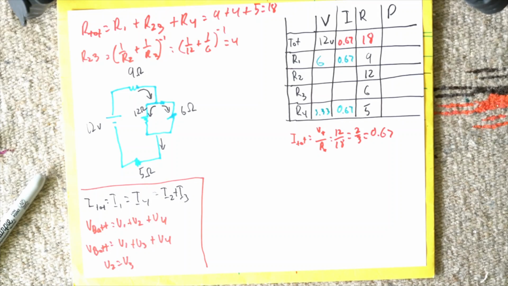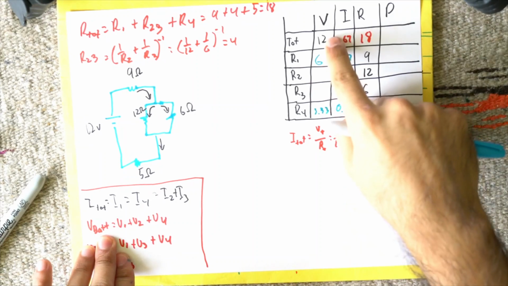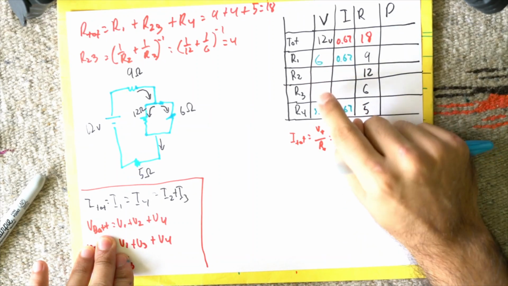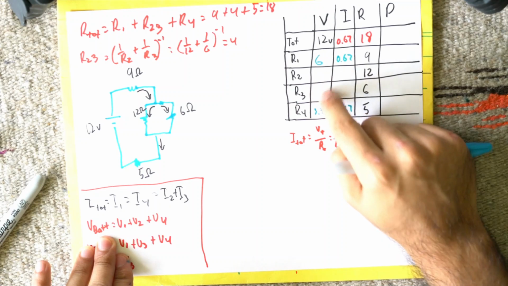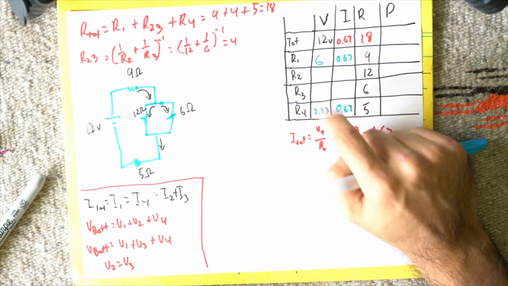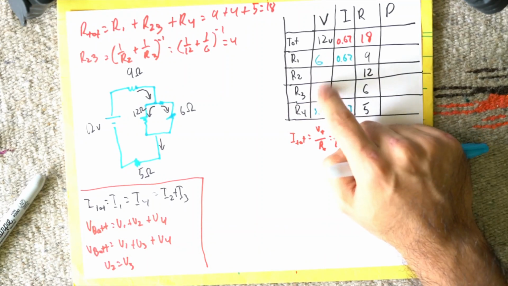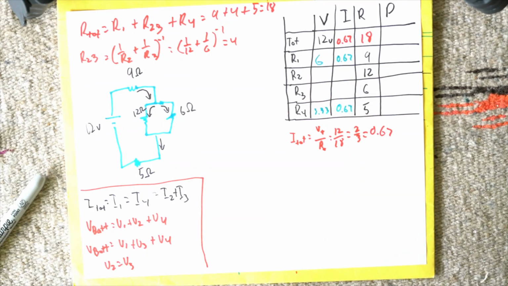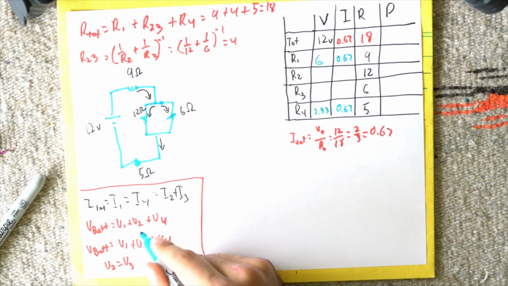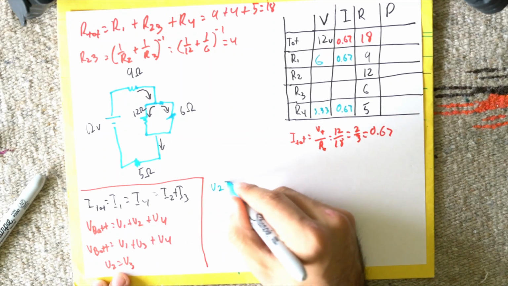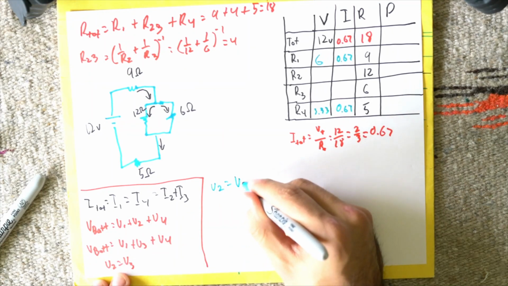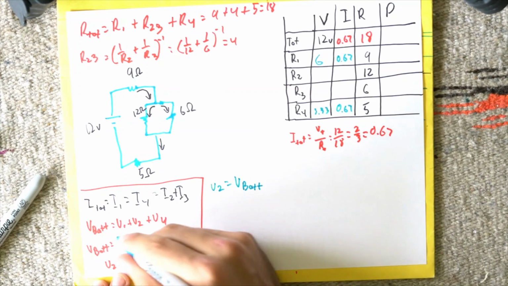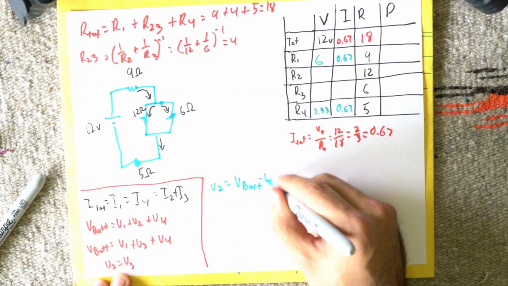That's going to be challenging, right? How do I figure that out? Well, actually remember, 12 is going to equal this plus one of them, because they are identical, plus this. So these values will be the same. So I just need to find out what one of them is going to be. So to find out V2, right here, V2 is going to equal the V of the battery minus V1 and minus V4.